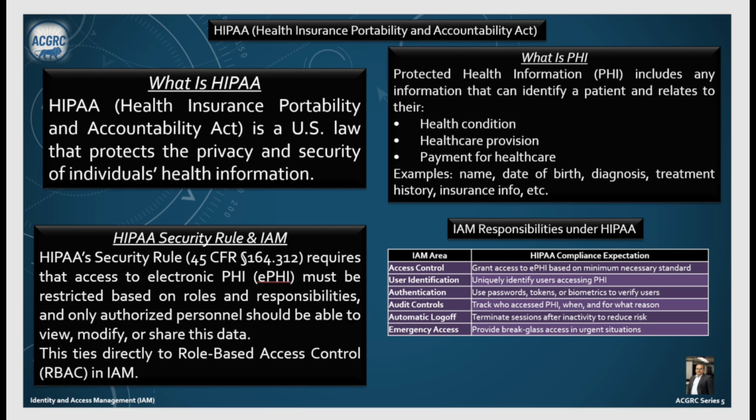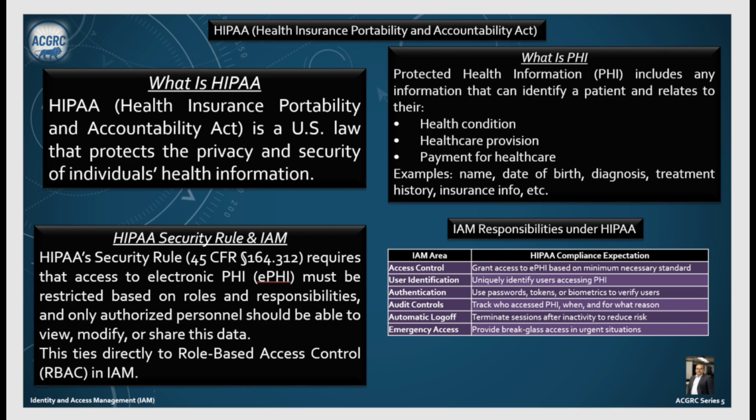The HIPAA security rule requires that access to electronic PHI, or ePHI, must be restricted based on roles and responsibilities, and only authorized personnel should be able to view, modify, or share this data.